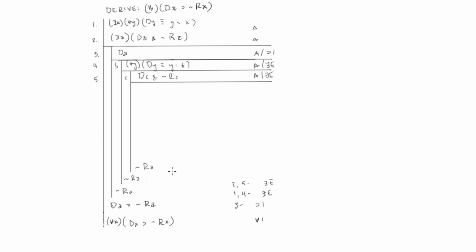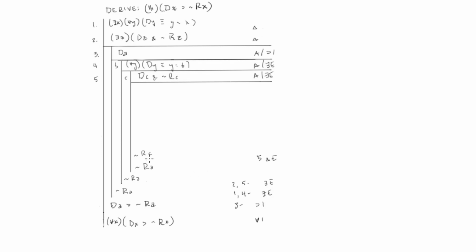And again, at this point, we can just make things up. We can just dream up some possibilities. So I'm looking at this tilde RC and thinking I can get that on a line by itself relatively easily. Tilde RC comes from line 5, ampersand elimination, right?